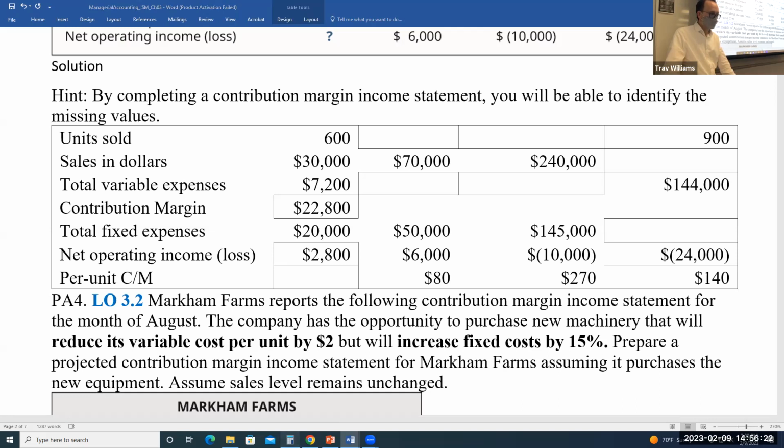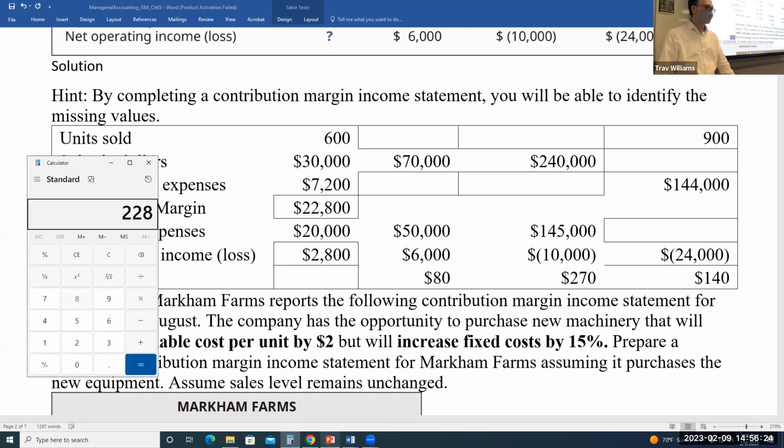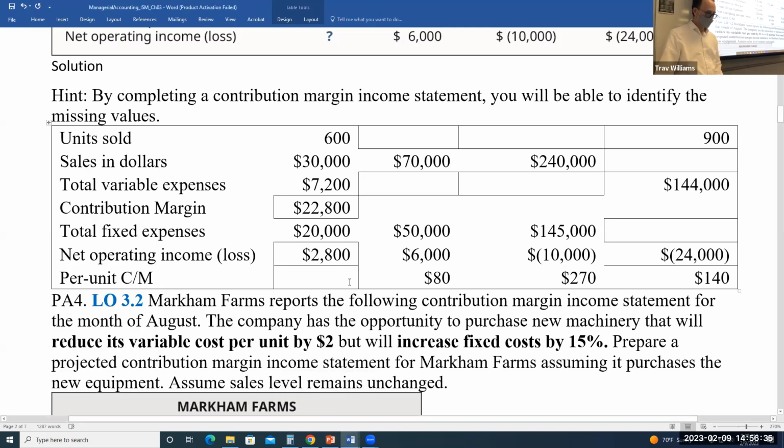Yep. We take our contribution margin, or total contribution margin, same thing, divide it by units sold. We get a $38 contribution margin per unit. Okay, thank you, Joseph. One column down, 3 to go.